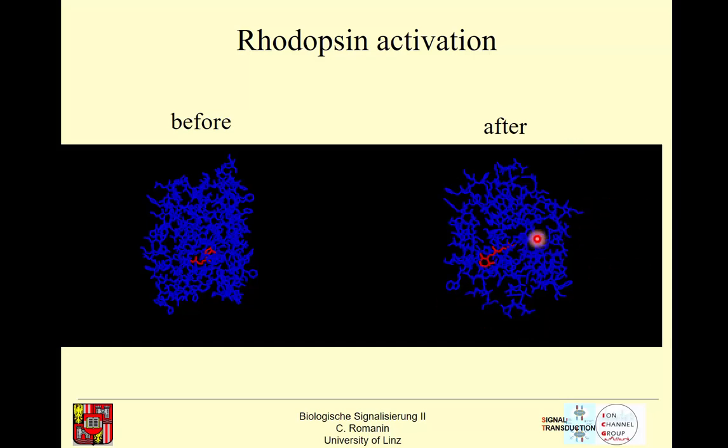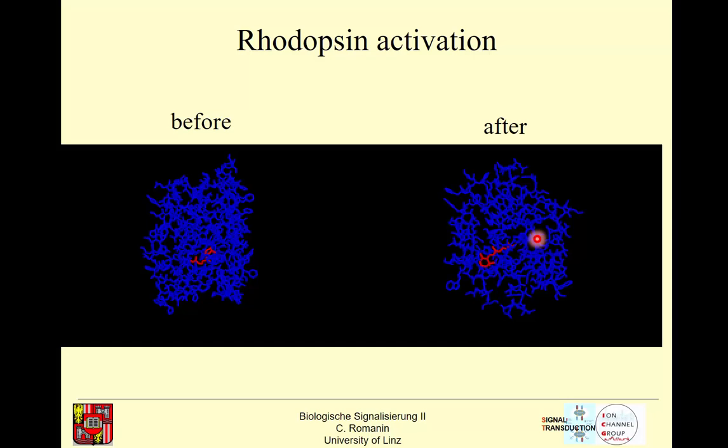The protein of rhodopsin is actually called the opsin. This finally leads to a change in the interaction with the G protein, and this in turn initiates a signaling cascade.